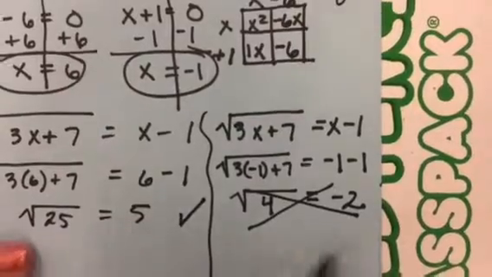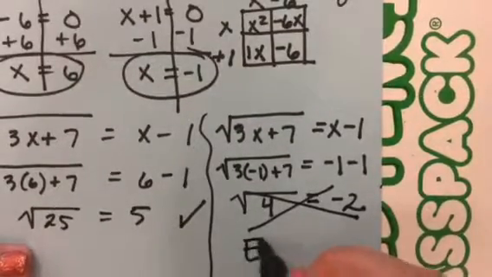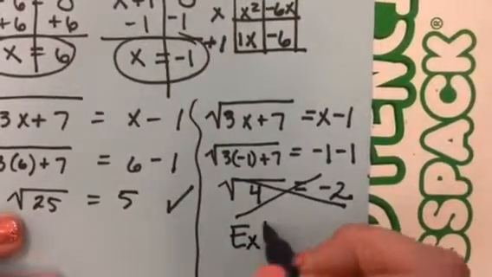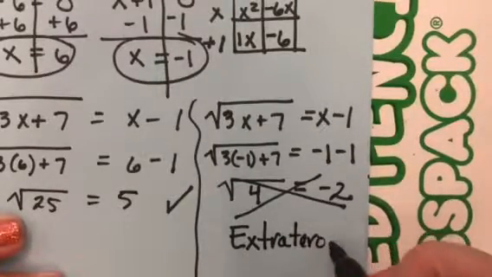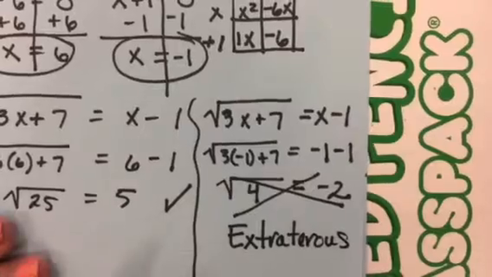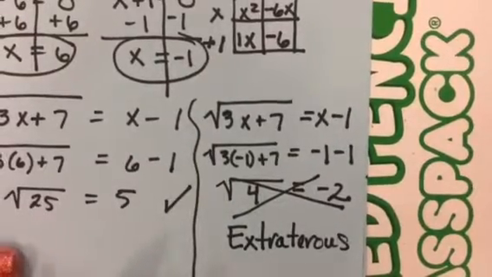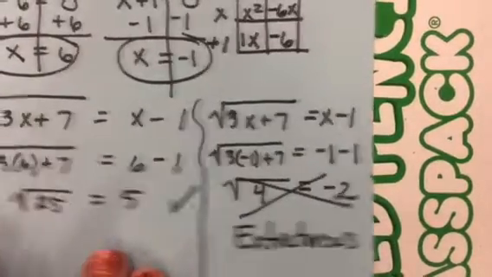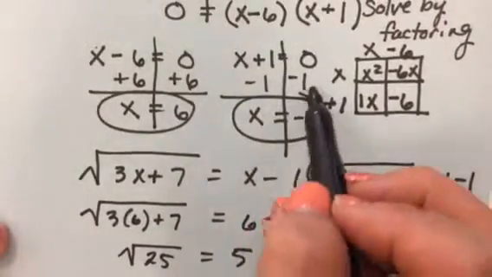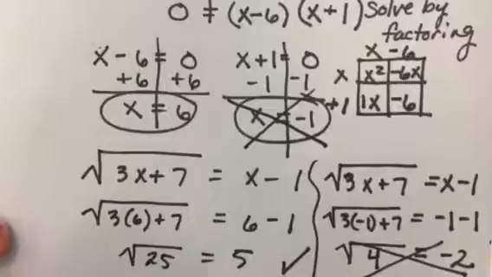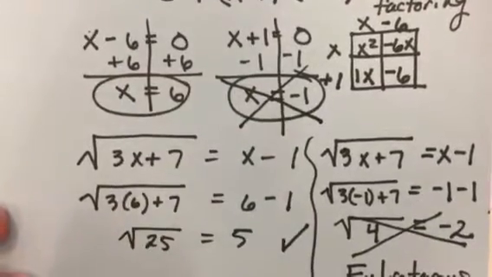So therefore, this solution would be called extraneous. So we have an extraneous solution here. We would not include this solution. So therefore, our only solution to our problem would be, let's cross this out, x equals what?